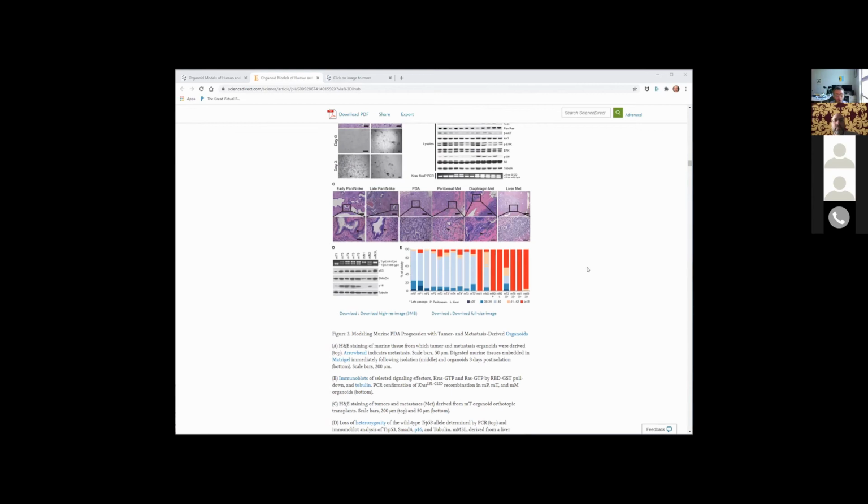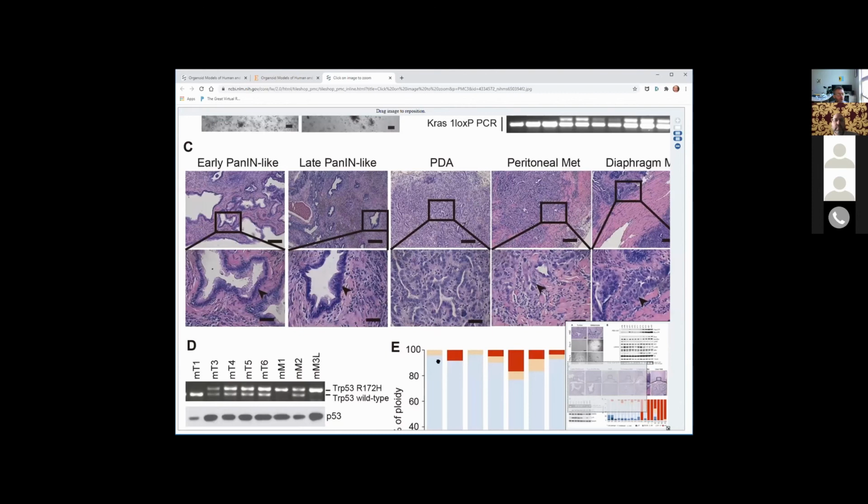But I will show you, well, sort of interesting. This paper shows these different stages with different degrees of progressive epithelial changes, from early lesions that are maybe normal or PanIN-like through cancers. PDA stands for pancreatic ductal adenocarcinoma. So they argue this looks like pancreas cancer, and I would say they're right, it does. And then metastases, peritoneal and diaphragmatic metastases.